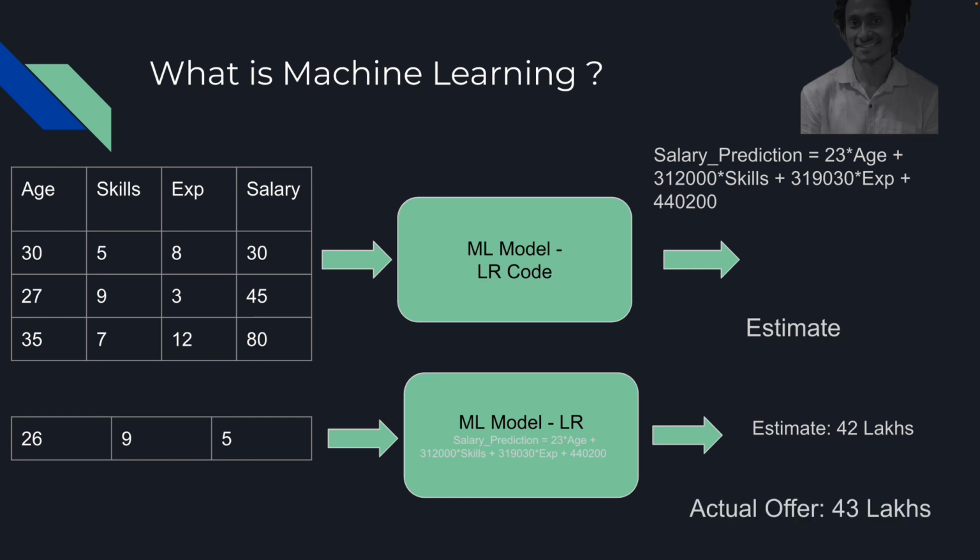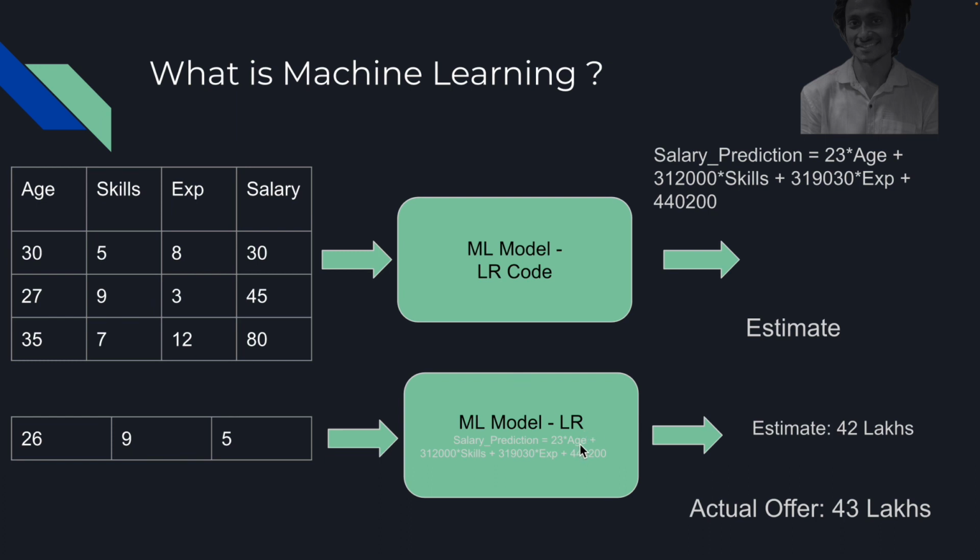And the actual offer made could have been 43 lakhs. And if you see here, the prediction is really close to the actual offer made. It has done a very good job in predicting the salary given the candidate's age, skills and experience.